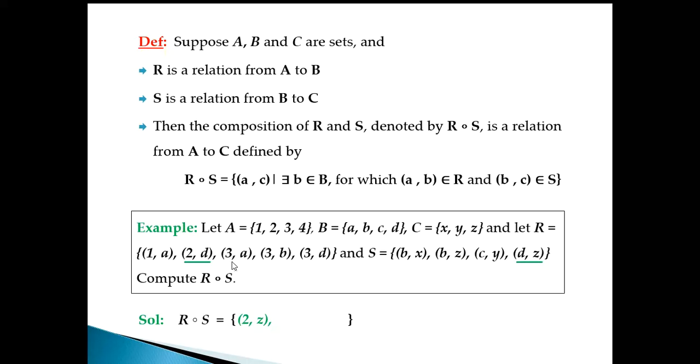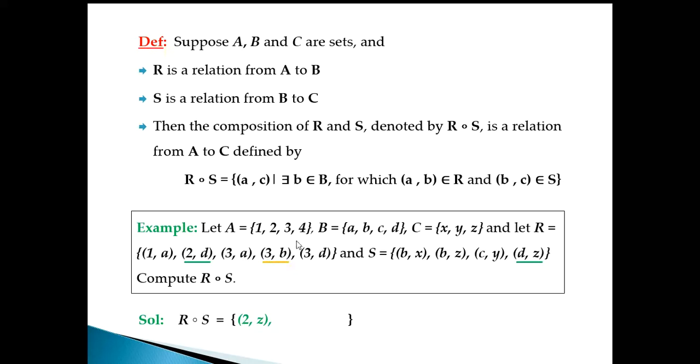Now come to the point 3. 3 is related to a, and we see that a is not related to any other element, so we leave this. Now we come to the next ordered pair, 3 related to b.